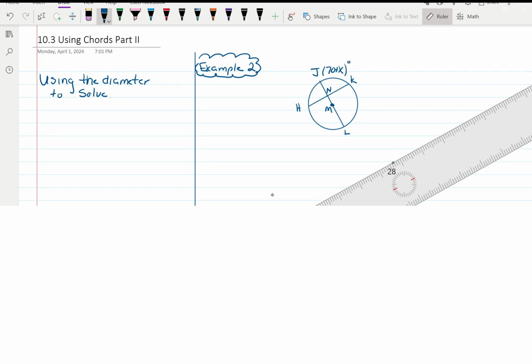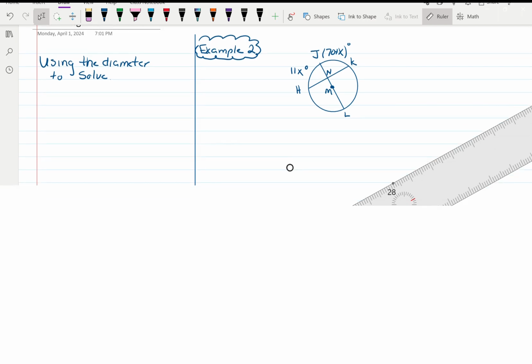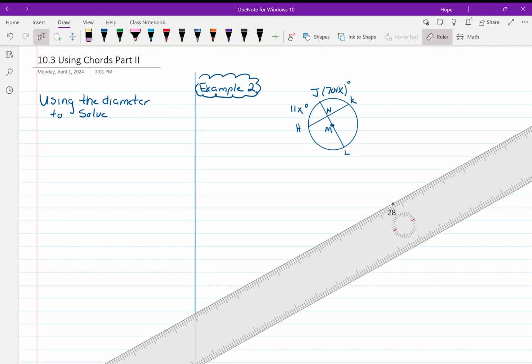And then you're going to put 11x and a degree sign.